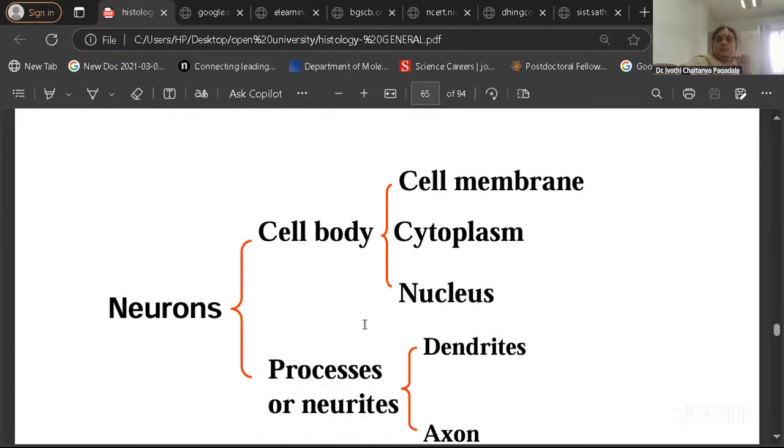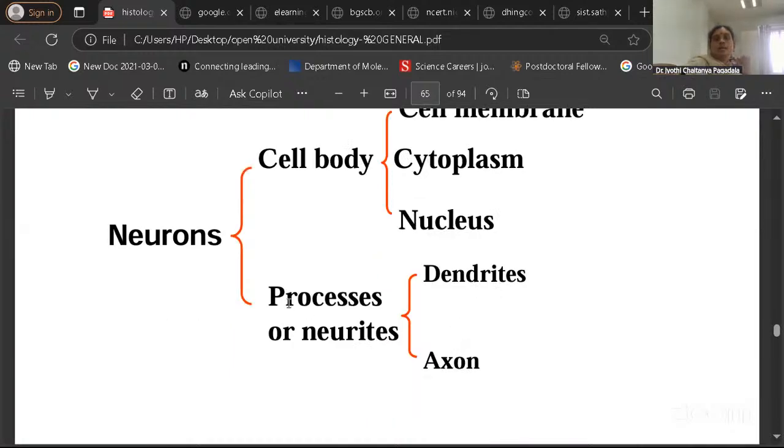A neuron possesses the cell body and processes called neurites. The cell body is divided into cell membrane, cytoplasm, and nucleus, whereas the process of neurite is divided into dendrites and axon.